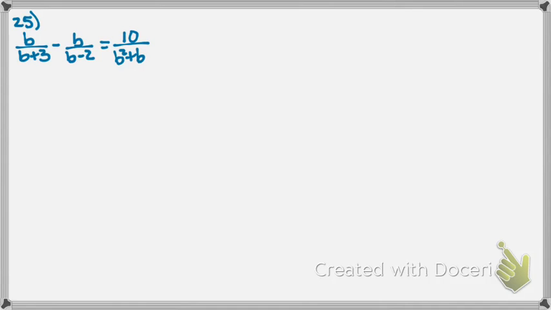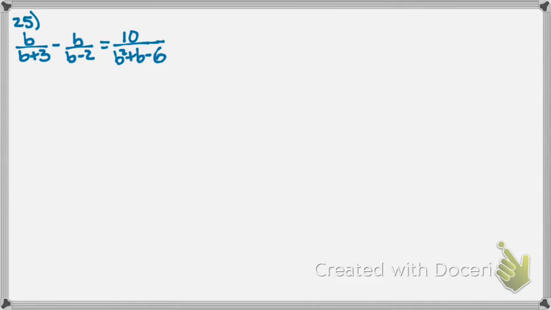Plus b minus 6. Oh, my b's and my 6's all look the same, don't they? That one's a 6. All right, looking at this problem, I do not just have a rational expression on the left and one on the right. I have subtraction over there. So I'm going to look for a common denominator that I could multiply onto both sides.